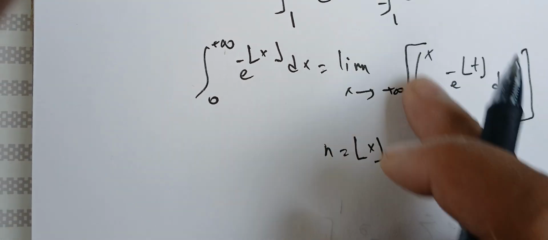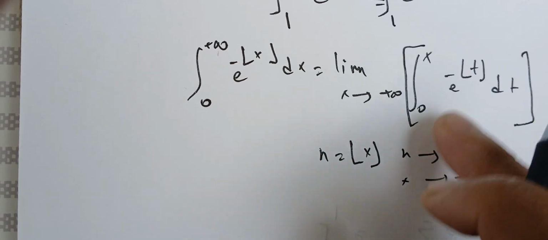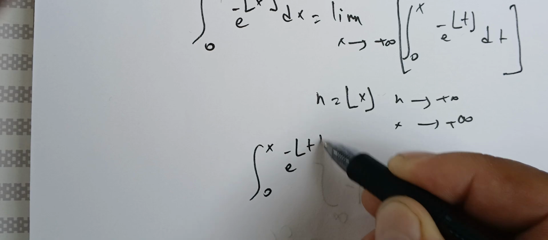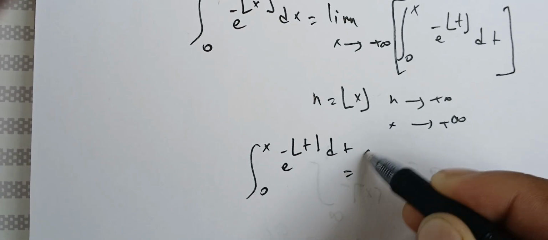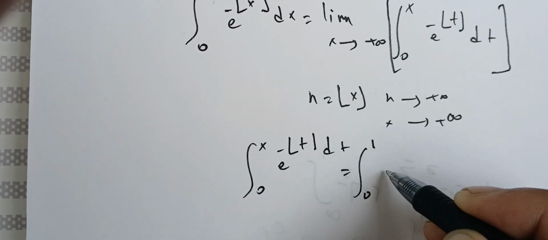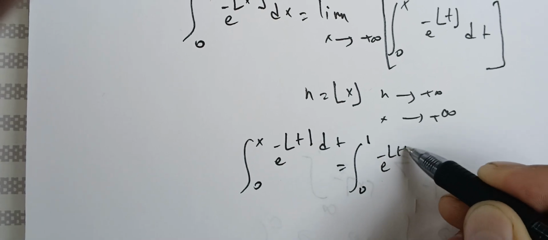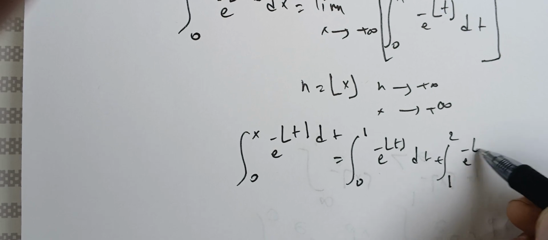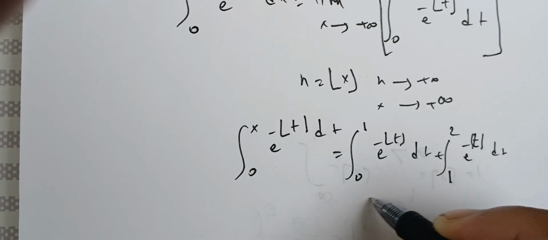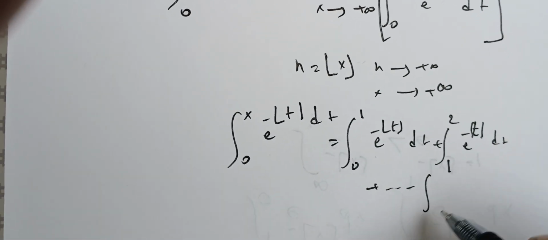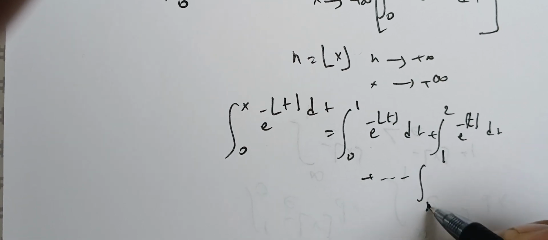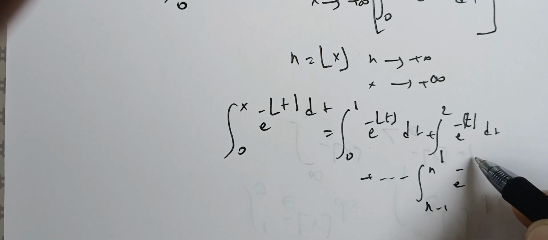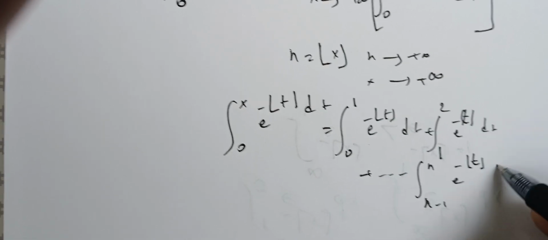Now we can split this integral from 0 to x of e to minus the floor of t dt in the following manner. So between 0 and 1, e to minus the floor of t dt, plus the integral from 1 to 2 of e to minus t dt, and so on, until we get to n minus 1 and n of e to minus t dt.